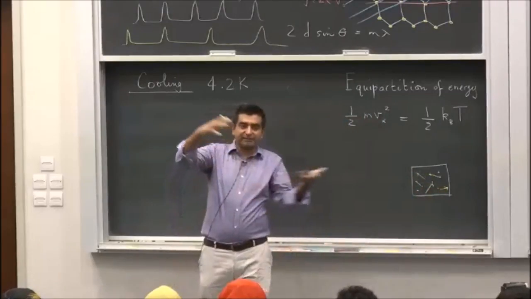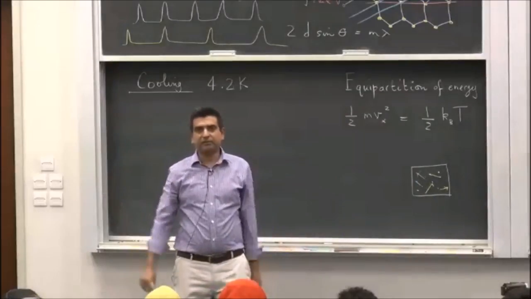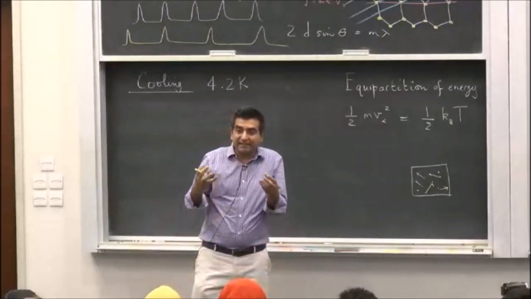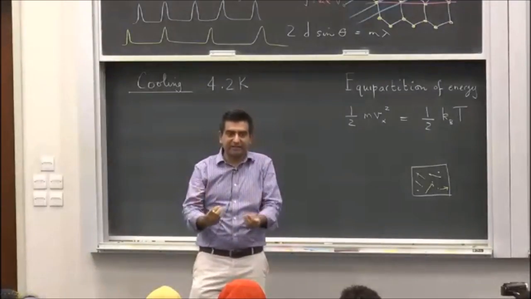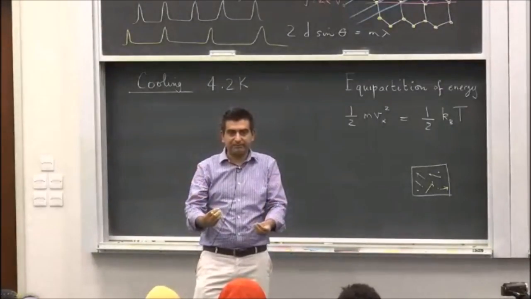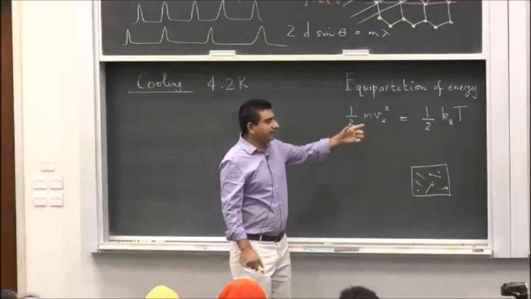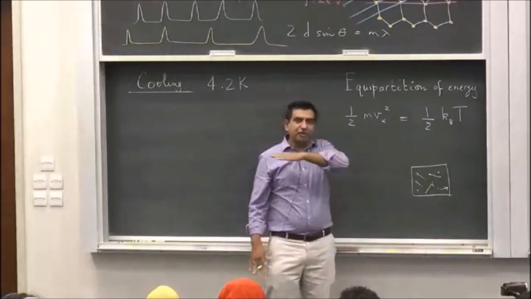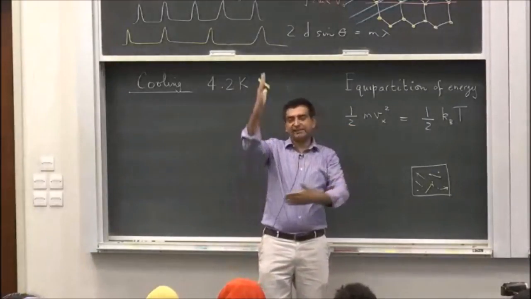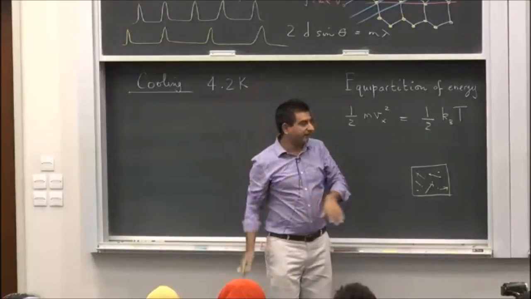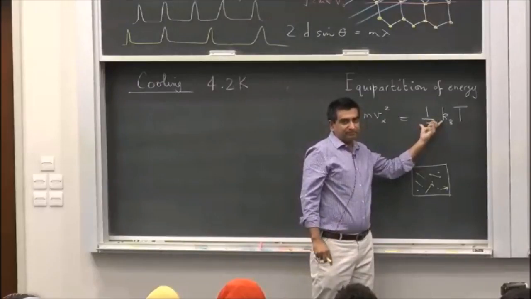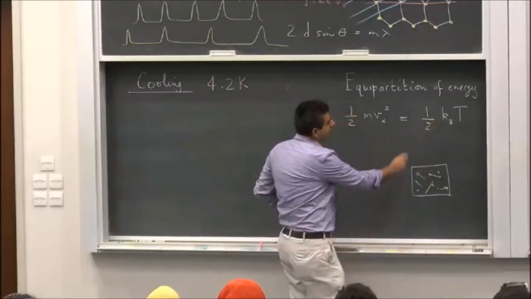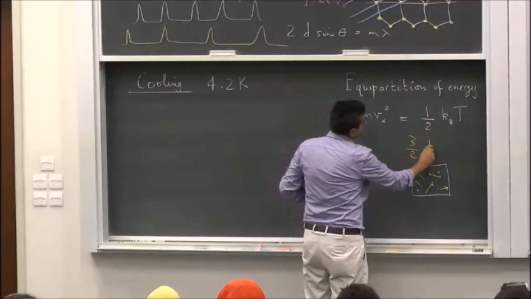When I cool this soup of atoms, the kinetic energy is going down and down and down. We're decreasing its kinetic energy. Now since we have 3 degrees of freedom, we can have motion along the x-axis, y-axis and z-axis. Therefore, the energy in each degree of freedom is half k_B T. With 3 degrees of freedom, I get 3/2 k_B T.